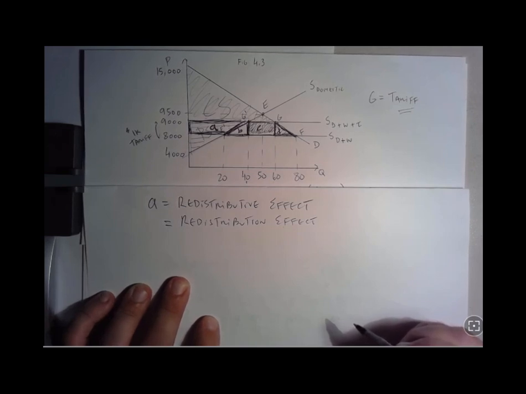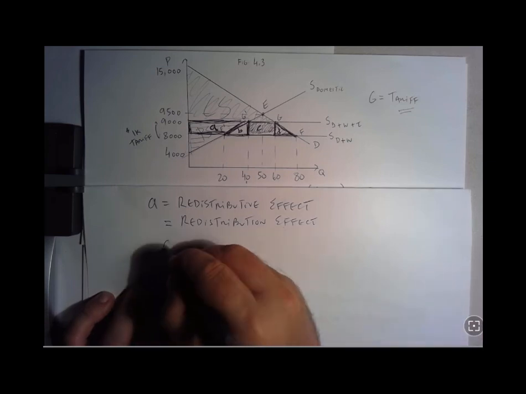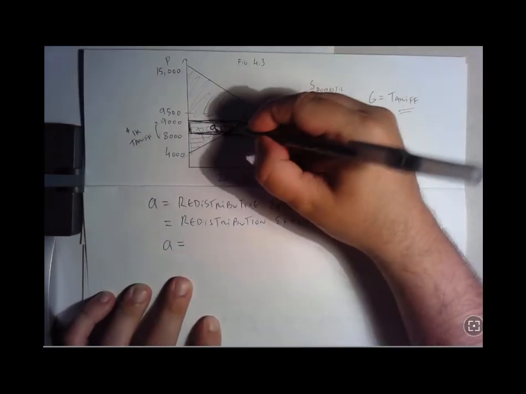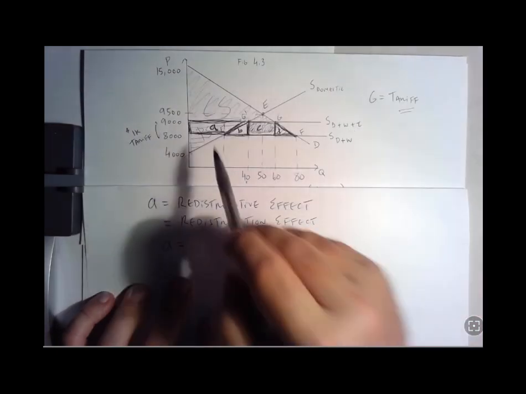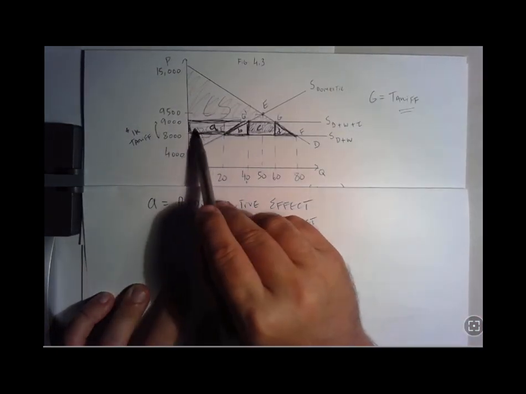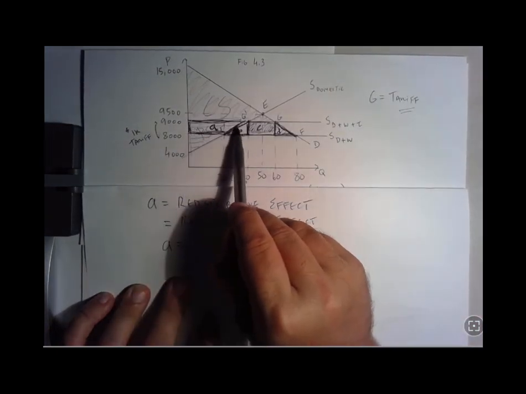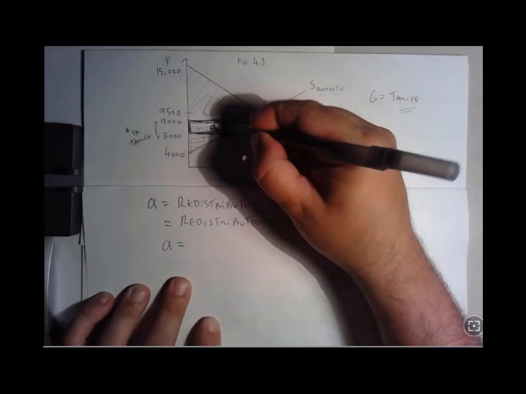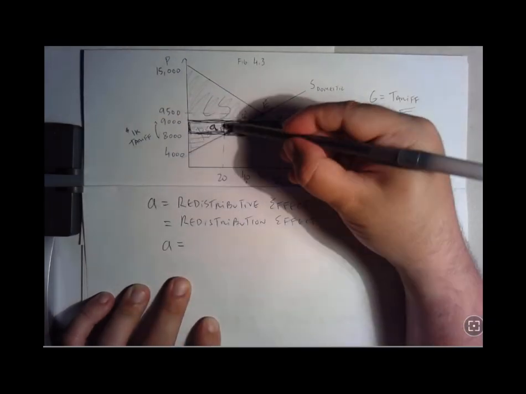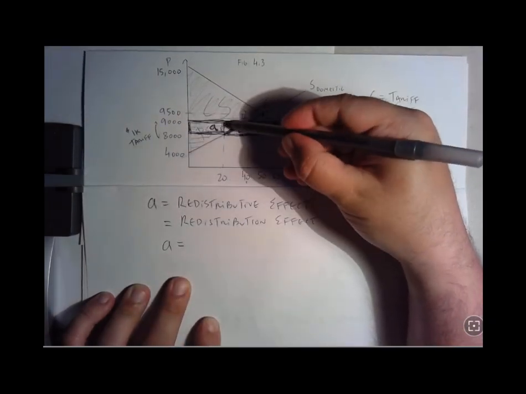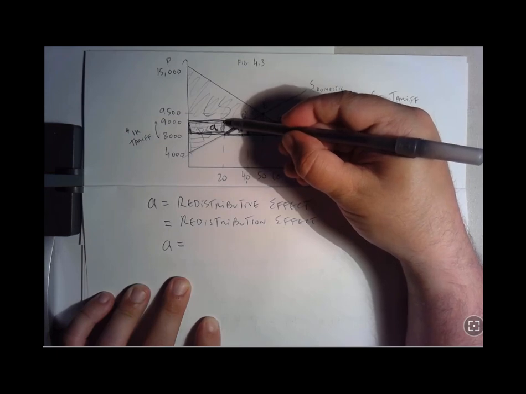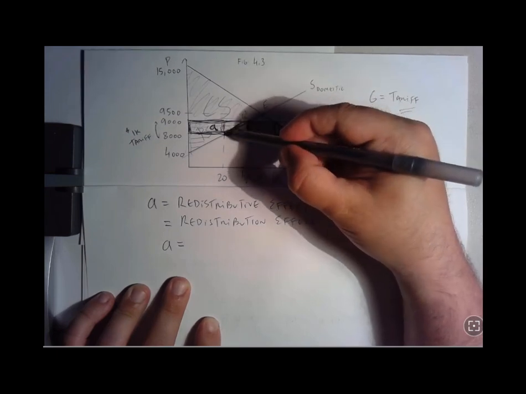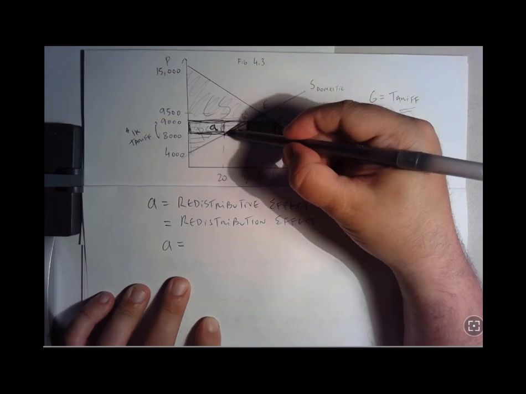How do you compute it? Well, it's an area, so let's compute it. Note that we can split this area into a rectangle plus a triangle. Okay? So I'm going to compute this part here first, up to 20 as a rectangle, and then I'm going to add to it this triangle.